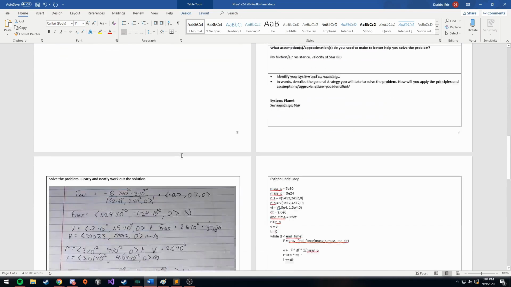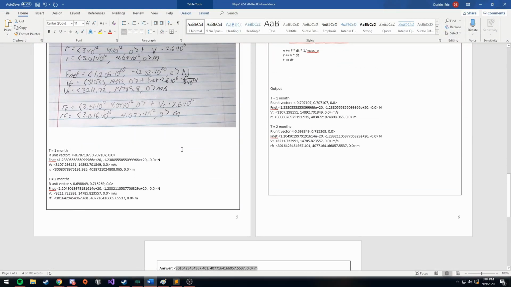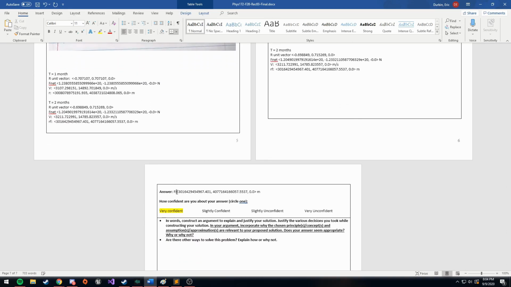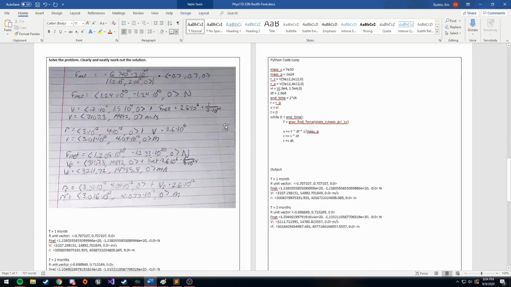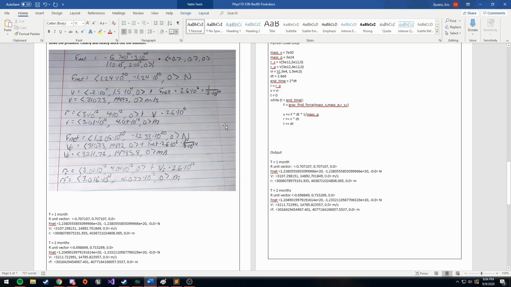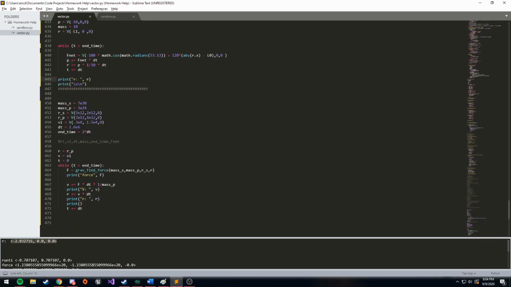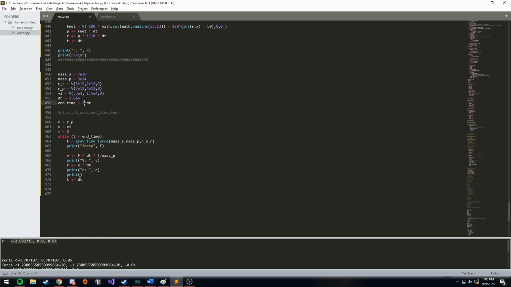Well, we already found the velocity, right? When we do the position update, we're using that velocity. And then I think we need to calculate gravitational force one last time. One last time? Because it says what is the force exerted on the planet at this time, 2 months later. Wouldn't that time be what we previously calculated?